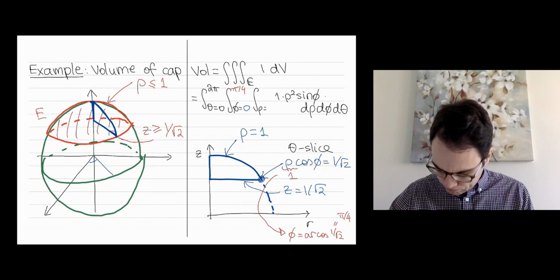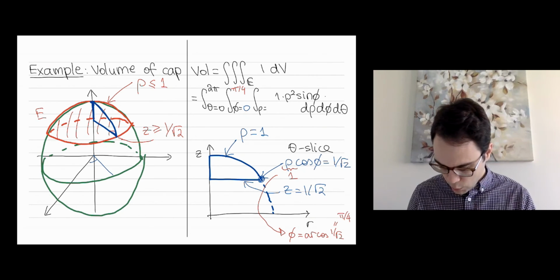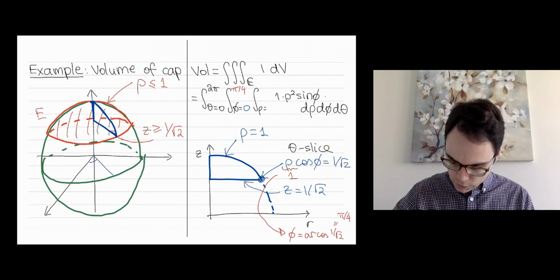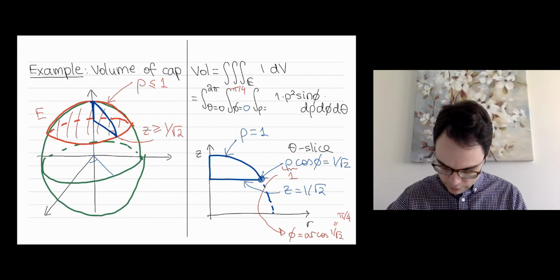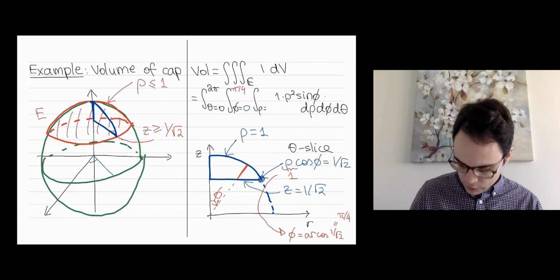Finally, we looked at the theta slice, so we fixed theta. Now let's look at an intermediate value of phi between 0 and pi over 4. Fix phi and shoot out a ray with that angle.